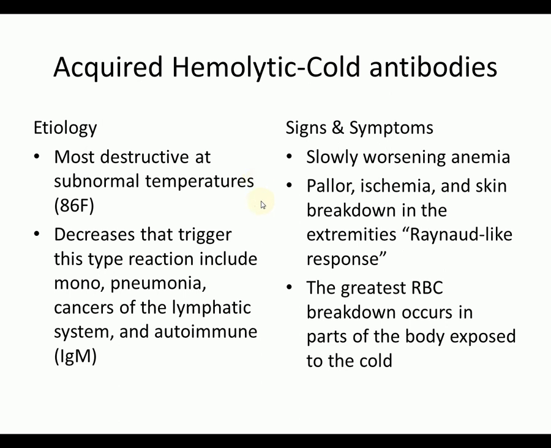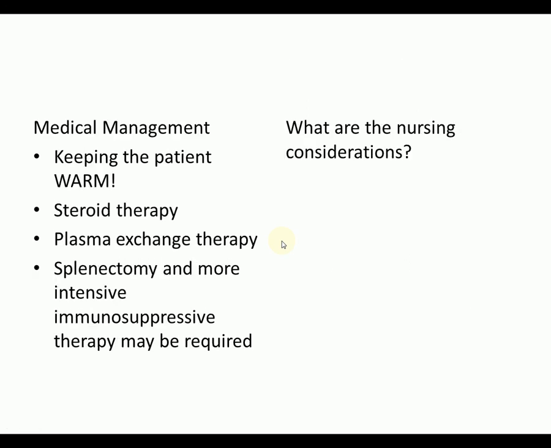The greatest red blood cell breakdown occurs in parts of the body that are exposed to cold, like your hands, your face, your arms, your neck. Medical management: keep that patient warm. They'll also be given steroid therapy, plasma exchange therapy, and splenectomy, and more intensive immunosuppressive therapy may be required. What are your nursing considerations for this patient?